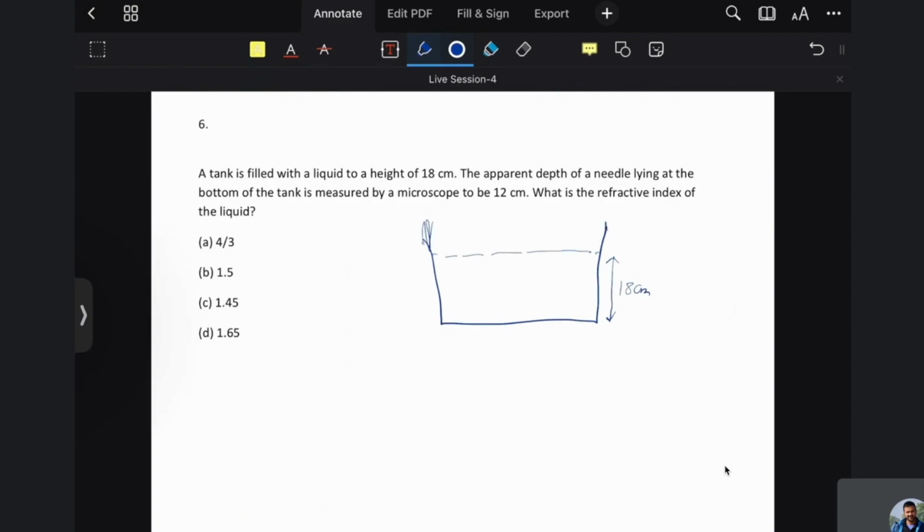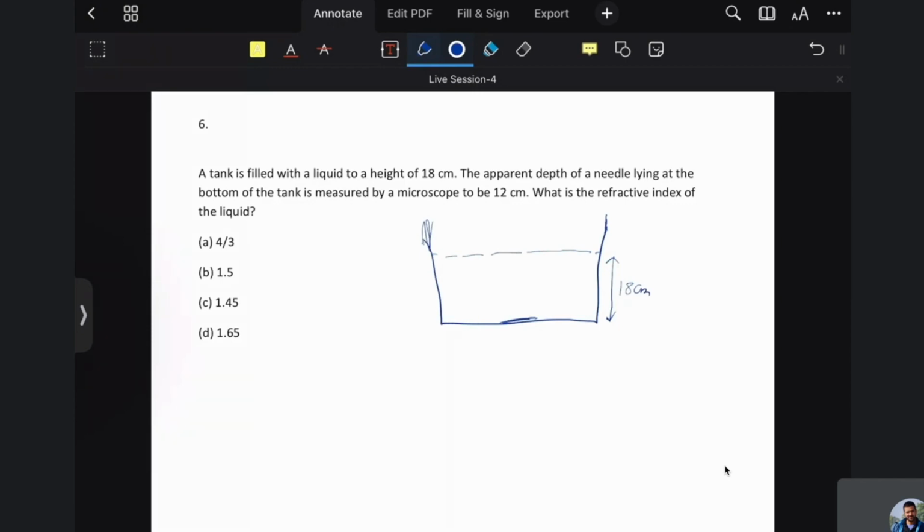The apparent depth of a needle lying at the bottom of the tank is measured by a microscope to be 12 centimeter. Okay.